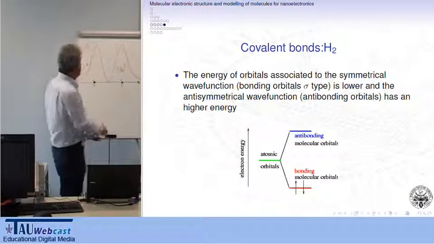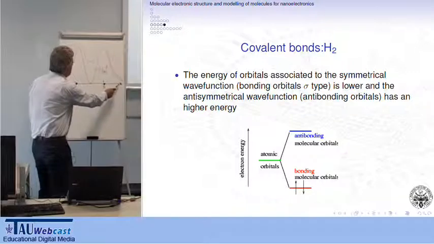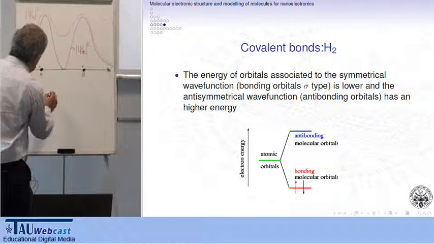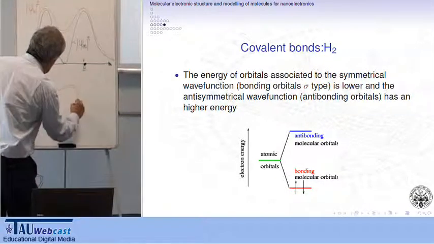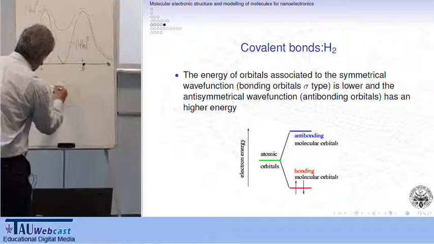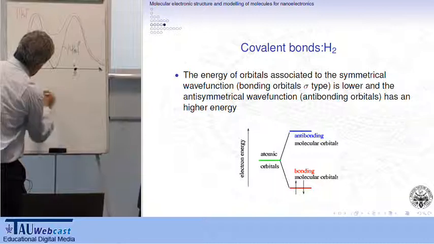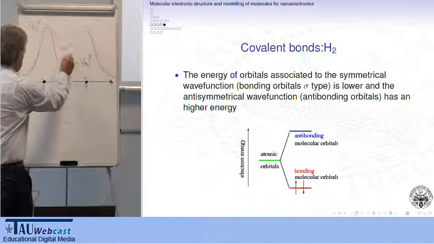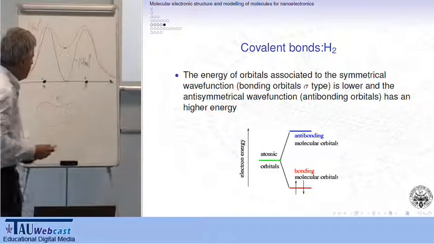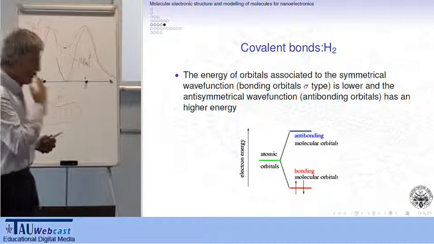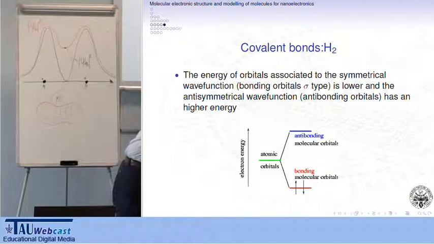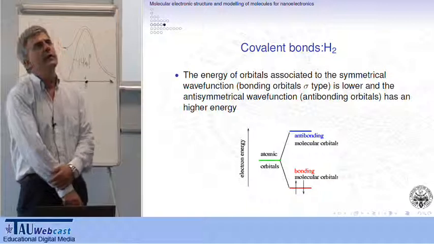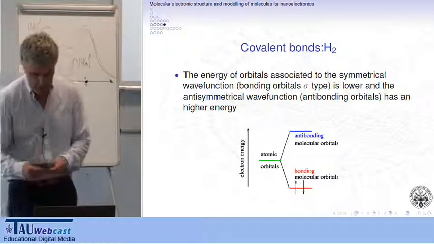Because from this probability, this is just one-dimensional, we can understand that the form of the orbital should be like this. For me it's not so easy to draw, but we can associate to this probability this molecular orbital for the bonding level, and so on. This is a general idea, and it is a technique used in many simulators to evaluate molecular orbitals.